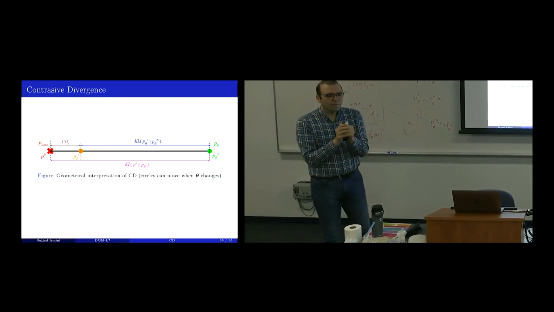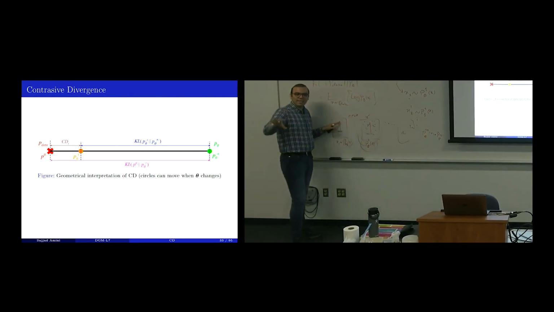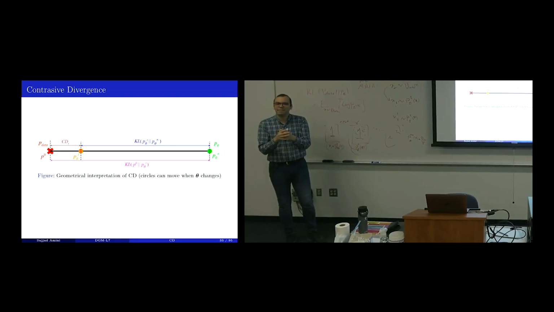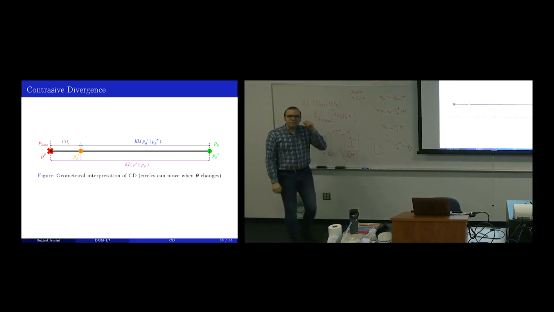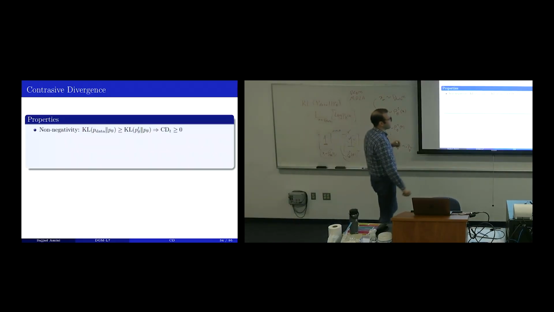Assume that you have an image, and the model and the data are exactly the same. Does this image change? No. Why? Because this point is high probability in both data and model, since they are exactly the same. If you take one iteration using MALA, nothing will change, because it is already a high probability point. Does it make sense? This is exactly the intuition behind the CD, and we will see now how it works.